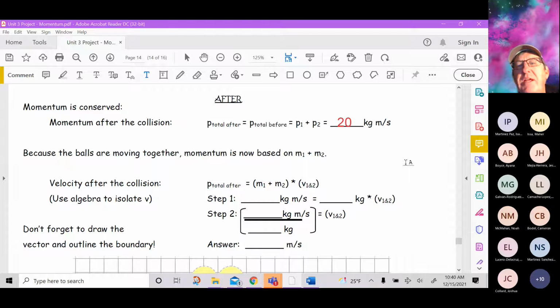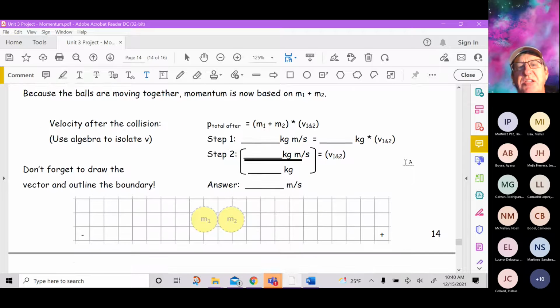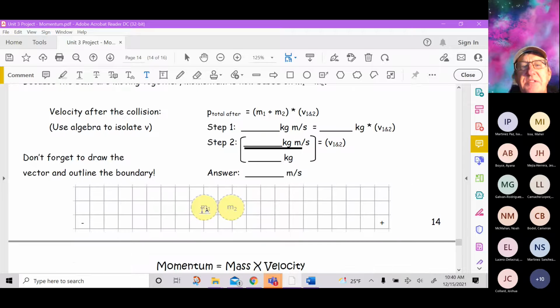That means total momentum after the collision is still 20. And since these are moving together now, we just draw one arrow to show them. They're moving together. Total momentum was 20 kilogram meters per second.